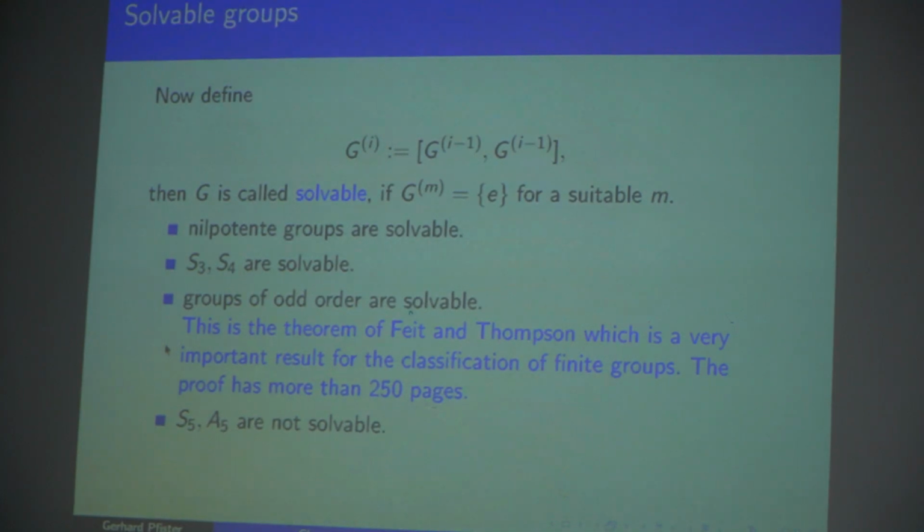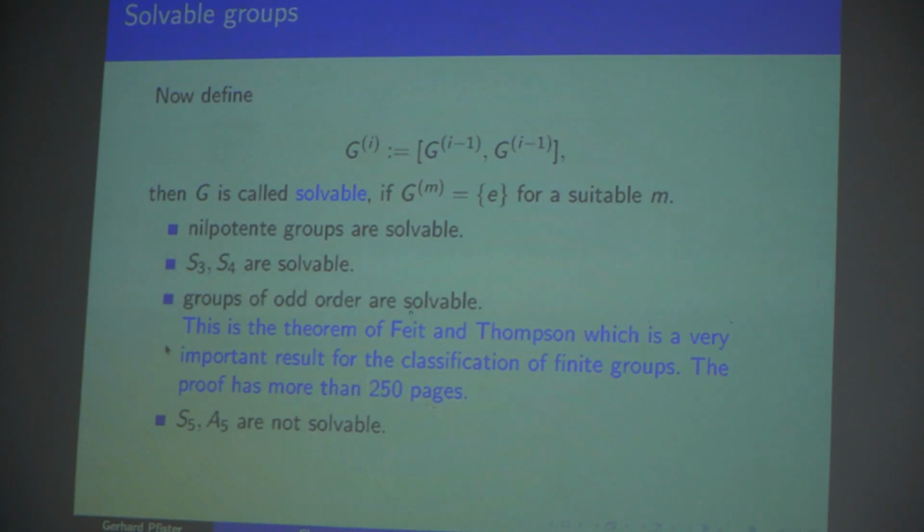Now, some examples. Of course, nilpotent groups are solvable. S3 and S4, the permutation groups, are solvable. And then there's a big theorem: groups of odd order are solvable. That is a very complicated theorem with a proof of more than 250 pages, and very important for this part of group theory.